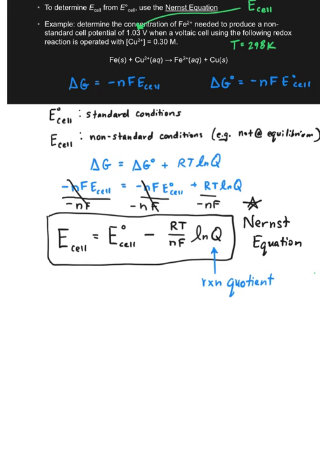So, where to start? We need a standard cell potential, we need a number of moles of electrons transferred, we need a reaction quotient. The best way to get that is to come up with a reaction, or in this case, half reactions that show us how this redox is carried out. One of our half reactions shows us that iron becomes iron 2+.